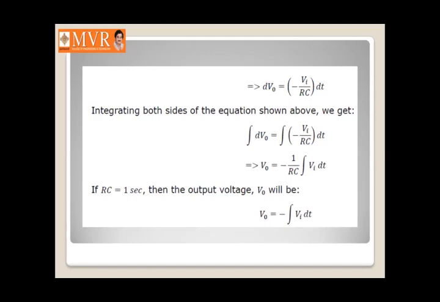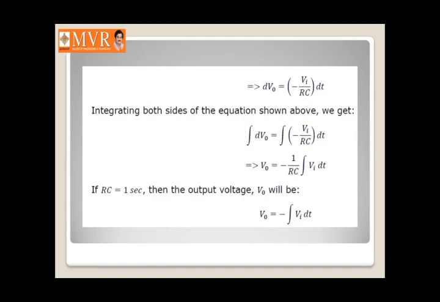Now by integrating this equation with respect to t, you can see integral dV0 is equal to integral of minus Vi by RC into dt. Now the derivative and integration will cancel on the left hand side, and on the right hand side, as RC is a constant value, you can bring it out of the integration.